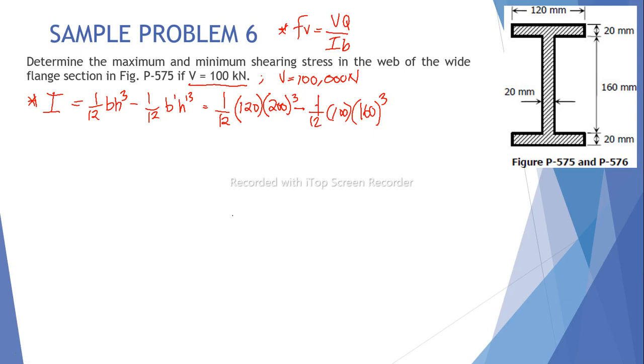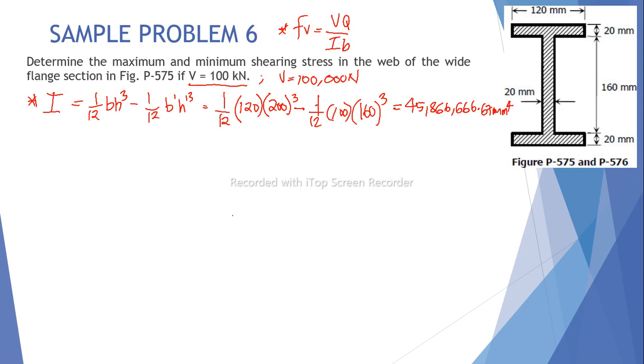Okay, so the moment of inertia is equal to 45,866,666.67 units. This is SI, millimeters to the fourth.